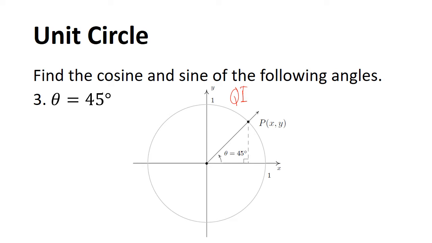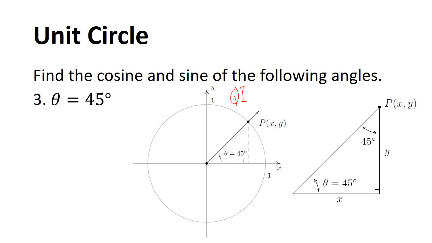So, gawin natin is mag-drawing tayo. So, we drop a perpendicular line perpendicular to the x-axis, and we can now form a right triangle kasi nga perpendicular siya. Na kung saan yung other angle ng right triangle is 45 degrees, which is the theta.